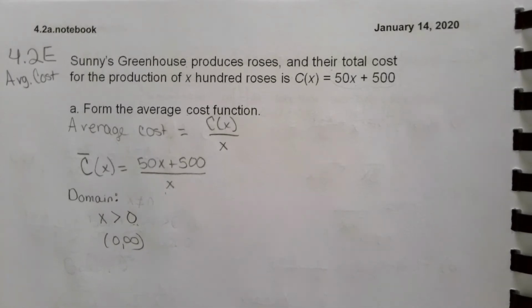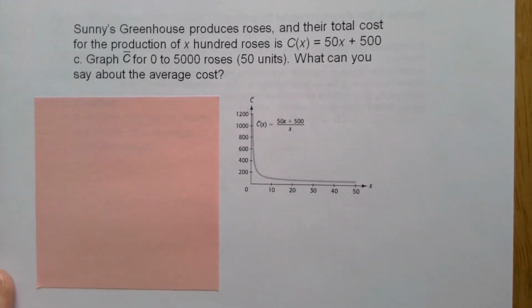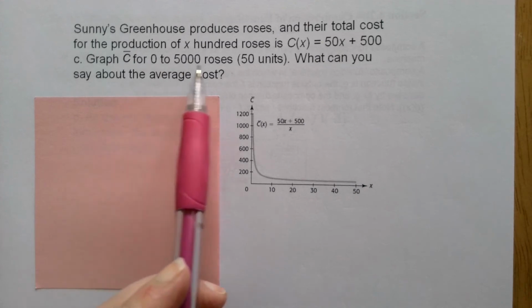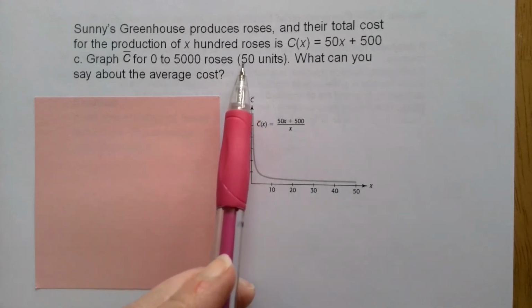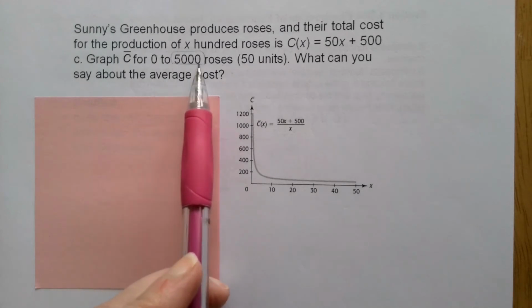So now let's continue talking about Sunny's greenhouse and the average cost function. It says graph the average cost function for 0 to 5,000 roses. Now be careful there, because we don't need to go to 5,000 here, because remember, our x represents the number of hundreds of roses.